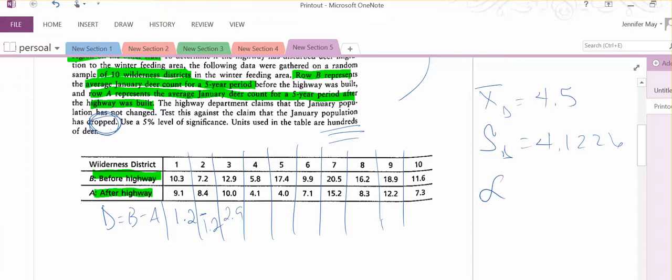I have an alpha level of 5%, and I'm going to look at that the mean difference is actually 0, okay? It's clearly not 0 because the sample is 4.5, but the question is, statistically speaking, is the 4.5 far enough away from 0 that we could actually say there's a difference?